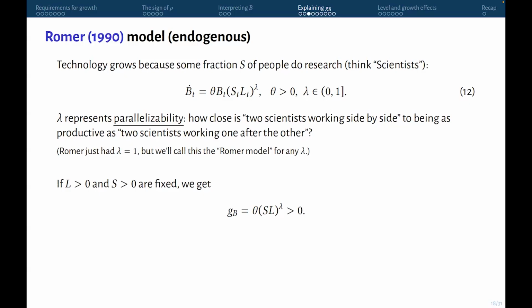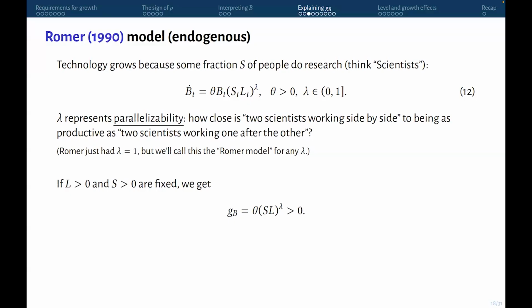You can put a lambda up there or not. In Romer's original paper, he just had lambda equaling 1. But there's no deep reason to expect constant returns to scale in the case of R&D, because 2 copies of the same idea are no more valuable than 1.